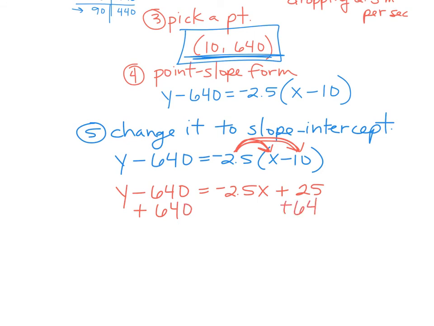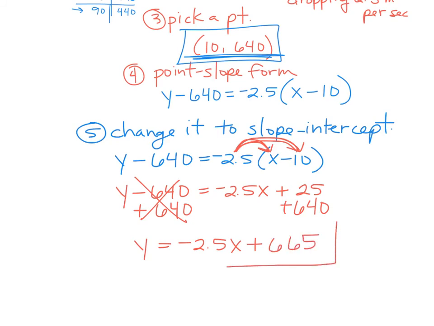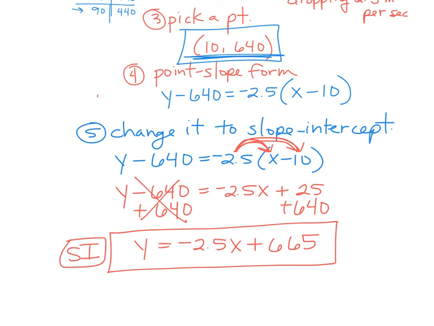This goes away, and I'm left with y equals negative 2.5x plus 665. This is slope intercept form, and this is point slope.